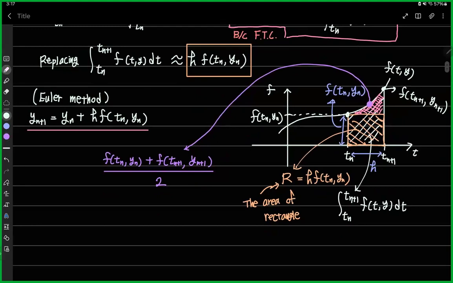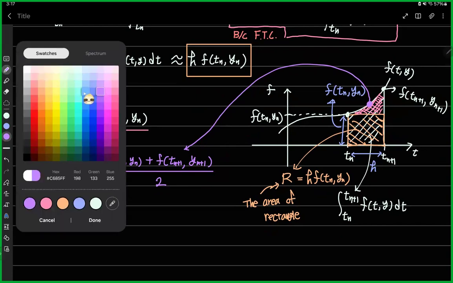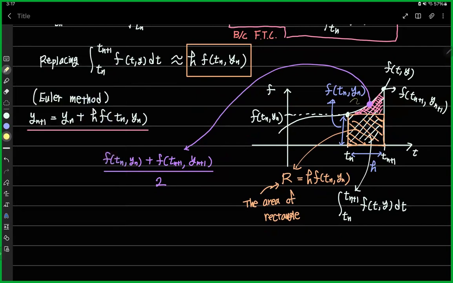To do that, then let me use another color, maybe yellow here. Then we got that rectangle, this rectangle right here. Therefore, this is much closer to the actual value than this one.